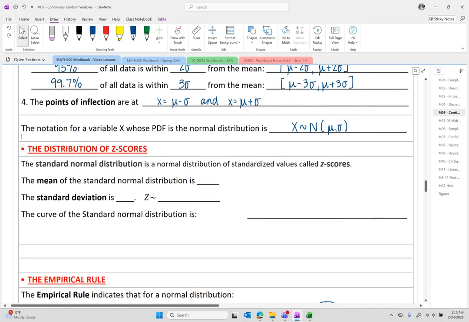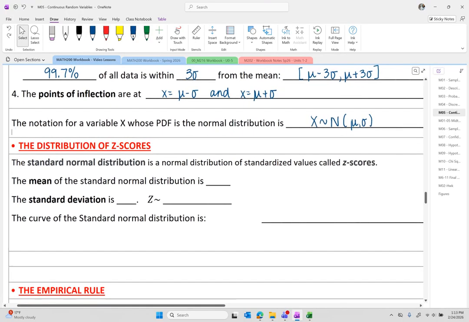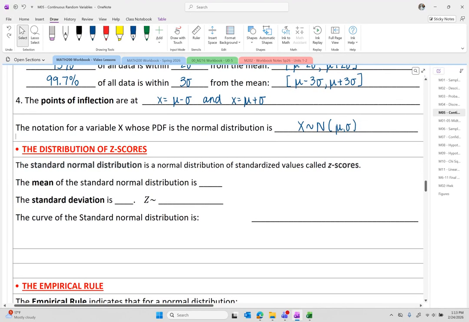So the first normal distribution is the distribution of the z-scores. It's called the standard normal distribution, and the z-scores are called the standardized scores. It is a normal distribution of standardized values called the z-scores. The mean of the standard normal distribution is equal to 0 because a value x that is equal to the mean will make the numerator of the z-score, x minus the mean, equal to 0.